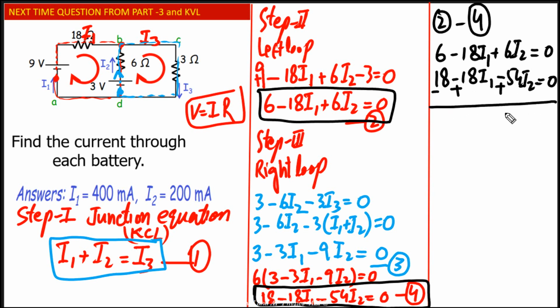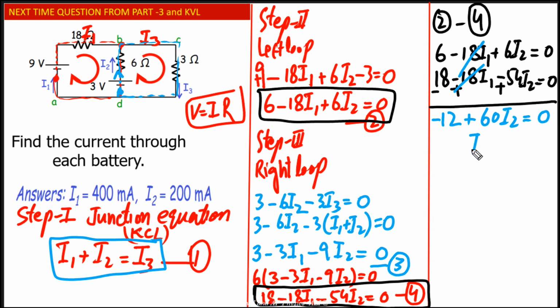Now we add this: 6 and minus 18, what we will get is minus 12. I1 we can cancel, and here we get 6 plus 54, which is 60I2, and this is equal to 0.